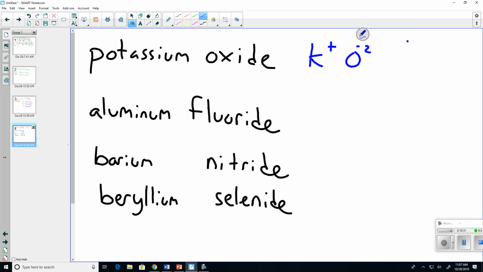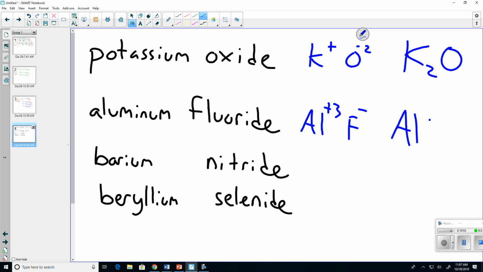So it should be K2O. You need 2 +1s to balance out the -2. Now in aluminum fluoride, aluminum is a +3 and fluorine is a -1. So Caden, what's the formula for aluminum fluoride? AlF3.